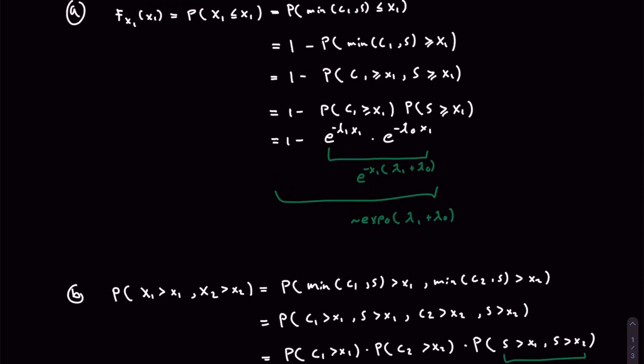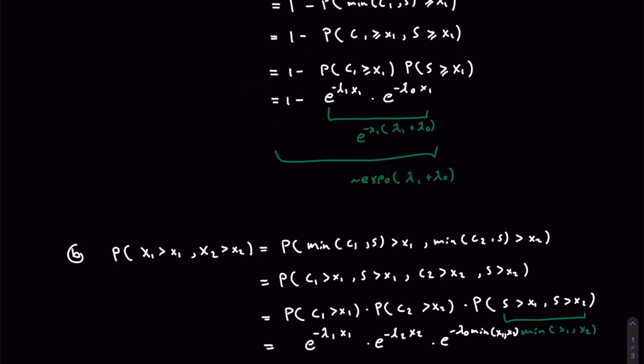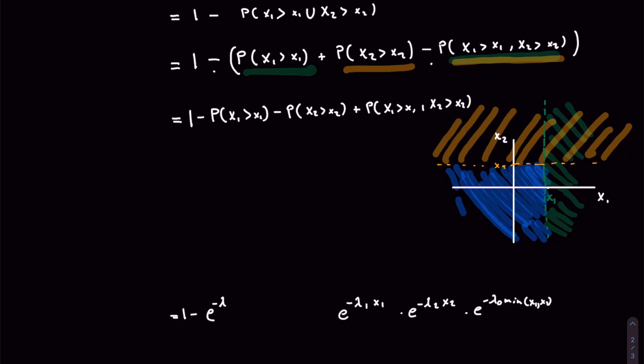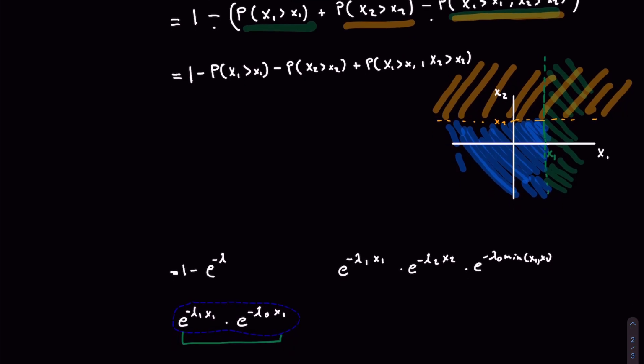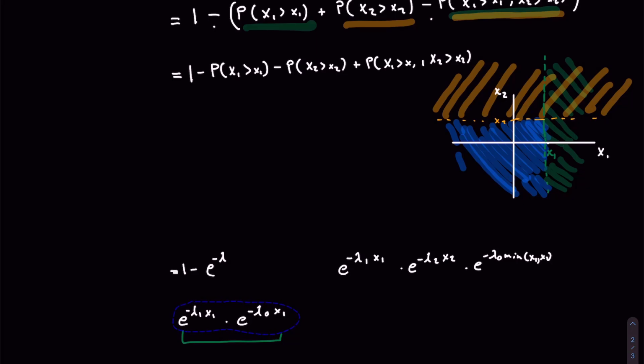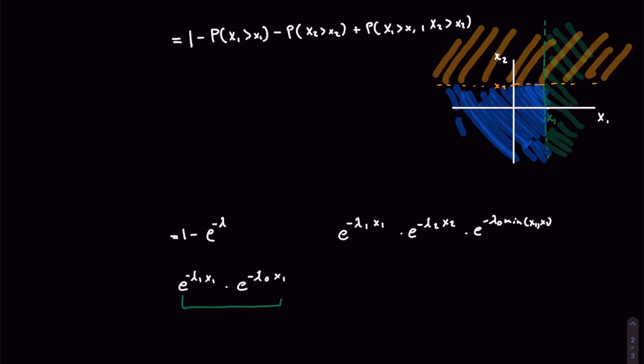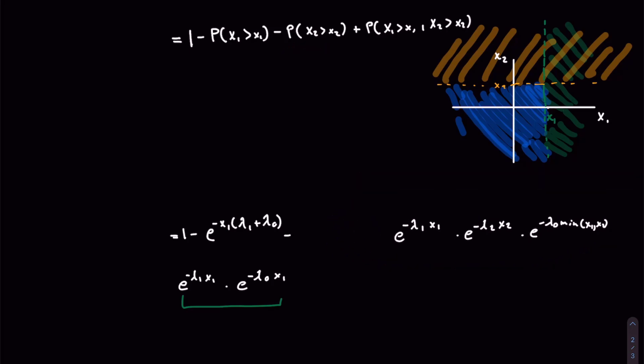Okay, let's see, we have this piece, it's the complement, copy it, paste it. Let's write out the simplified version. So it's x1 lambda x1 plus lambda 0, and it's the same thing for this probability here.